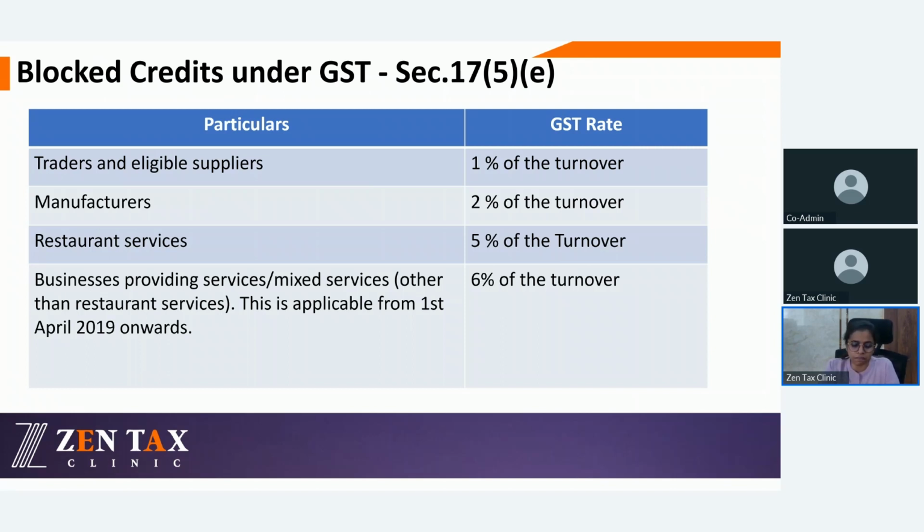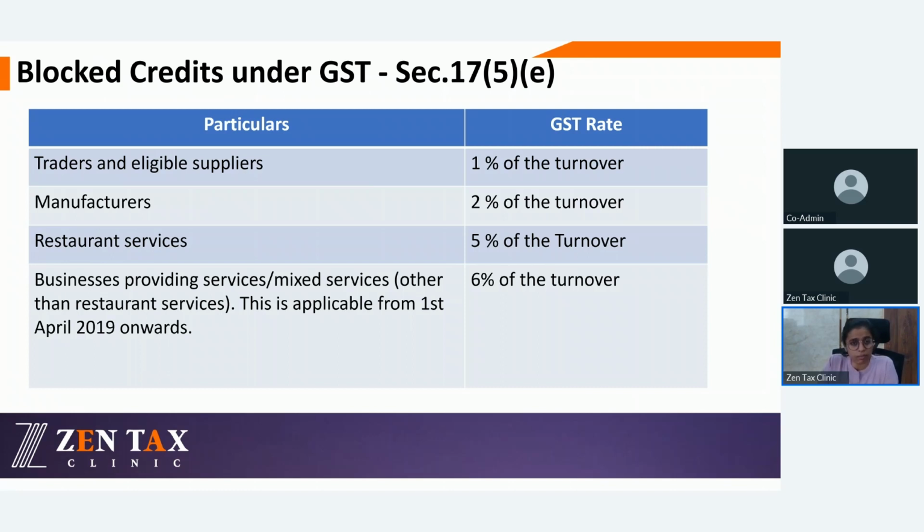If I'm having a restaurant and providing restaurant services, we all know that it comes under the service category, then I'll have to discharge at 5% of the turnover. And for others, that is providing services or mixed services, it has to be 6% of turnover, that is 3% each. So this is with respect to the GST rate for those who are availing the composition scheme.